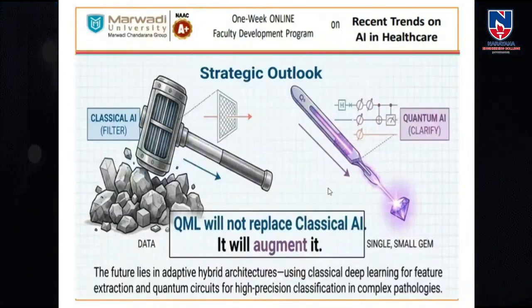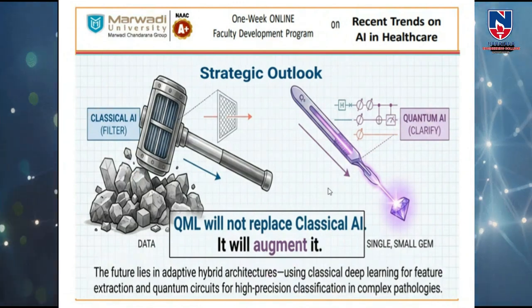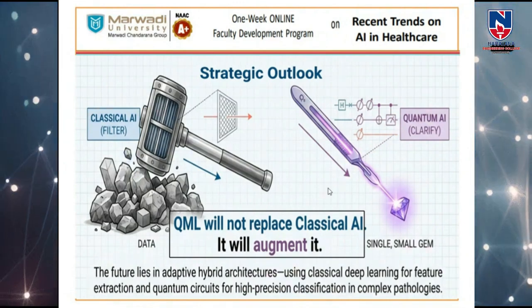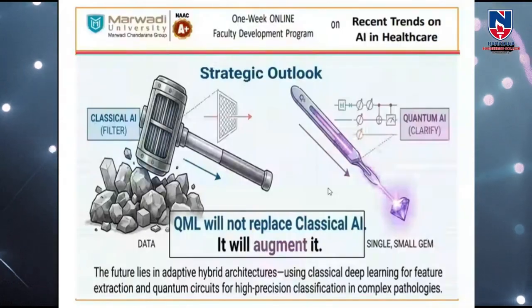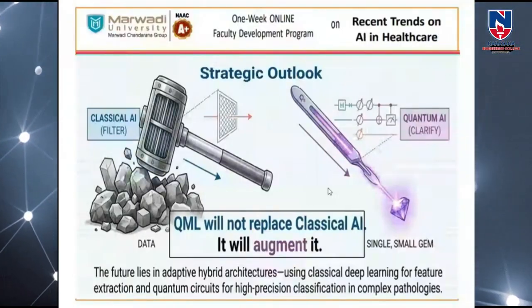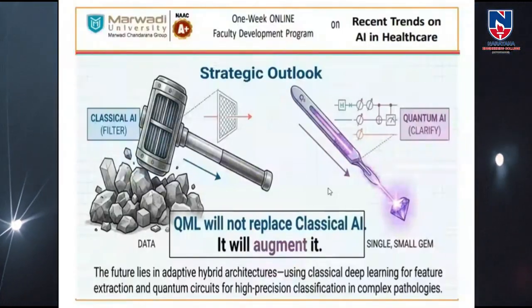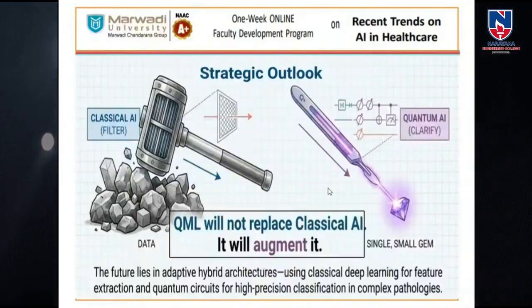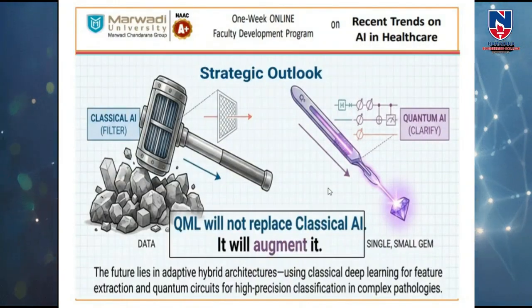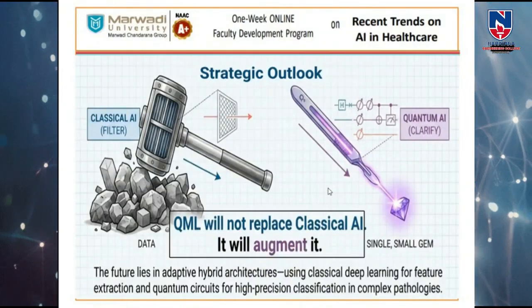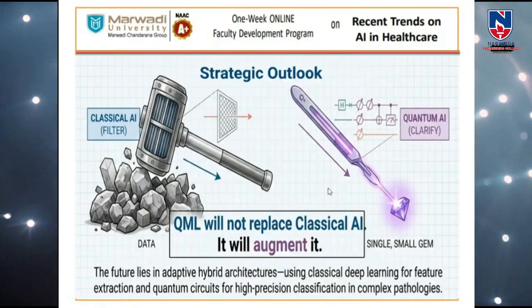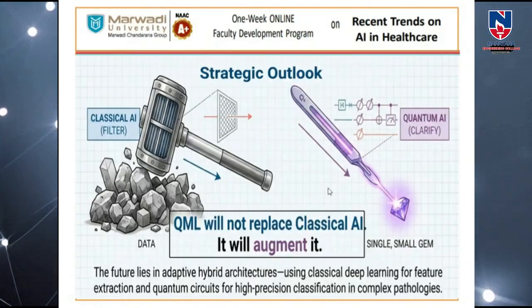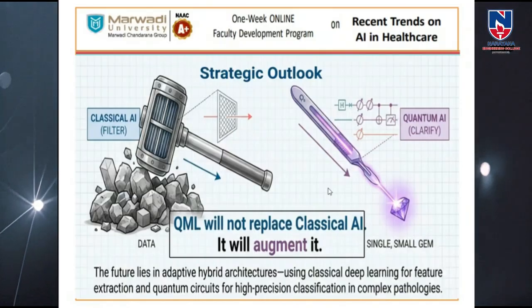We are converting a large data set into a small data set, and for that you are using a hybrid approach. Adaptive hybrid structures use classical deep learning for feature extraction and quantum circuits for high precision classification. That is the conclusion.